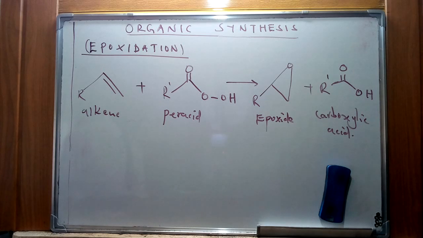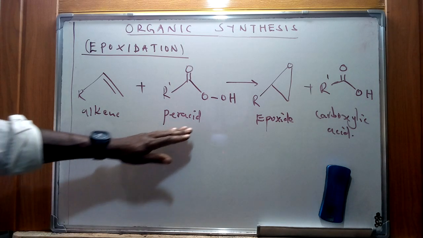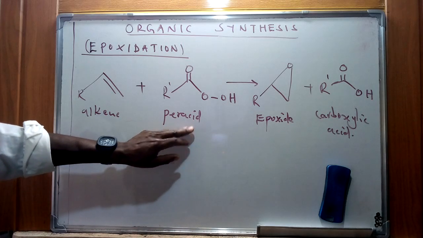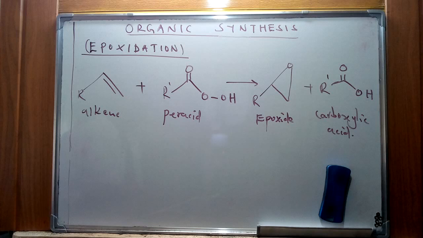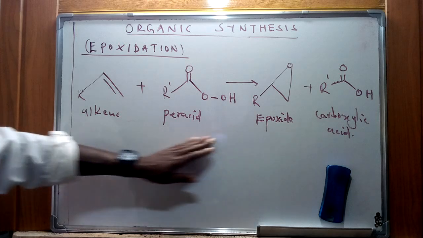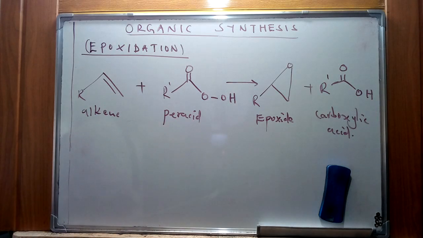epoxide, and this is going to be in a series of some short videos, since we need to of course elaborate on the formation of this specific group of organic compounds that we refer to as peracids. And therefore we're going to see that there are going to be different rearrangements, but generally we can illustrate this reaction of these specific alkenes and a peracid, or the rearrangements which are going to be involved in this specific reaction.